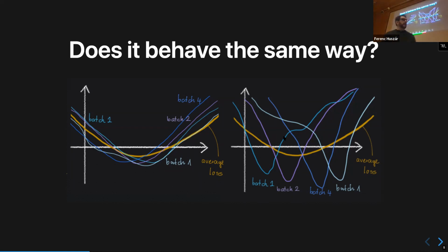In the second scenario, there might be differences, because now let's say that I start from here and I evaluate batch 1, and I again don't have batch 3 for an interesting reason. So I evaluate this blue batch 1. It's going to give me a high gradient because it's a steep function. So it's going to say that the minimum is this way, take a large step this way.